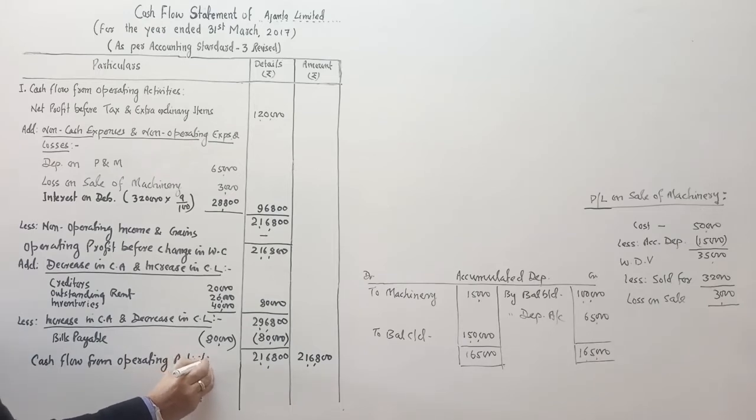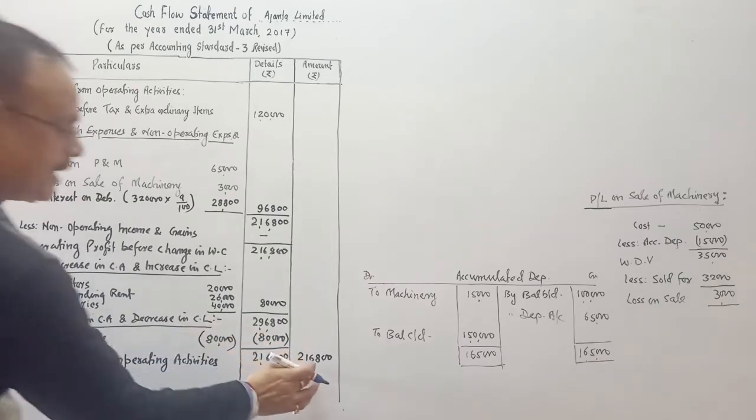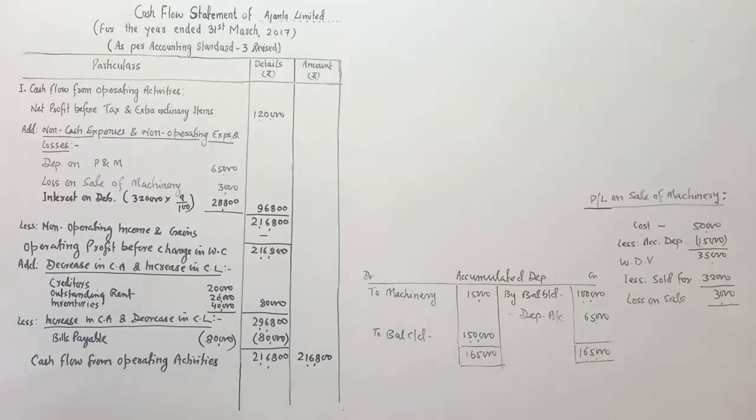This is number one. We have calculated cash flow from operating activities. So this one we have completed.